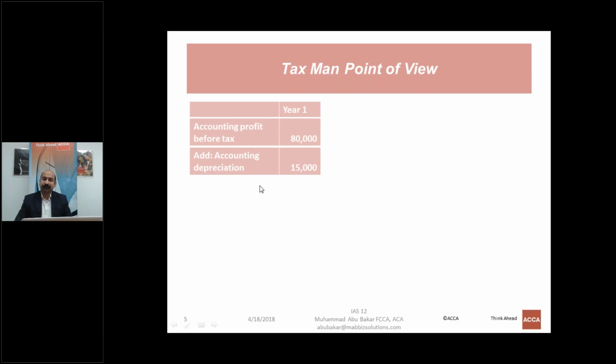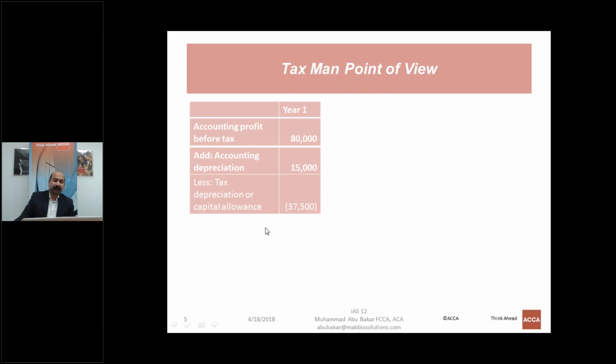The tax person, or the taxman, will calculate taxable profit from your accounting profit. Here we are assuming that there are no other differences except this depreciation. From the accounting point of view, depreciation is 15,000, whereas from the tax point of view, the depreciation is 37,500, which is 50% in the first year.